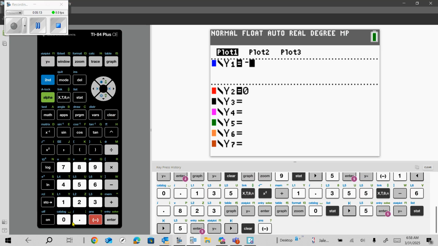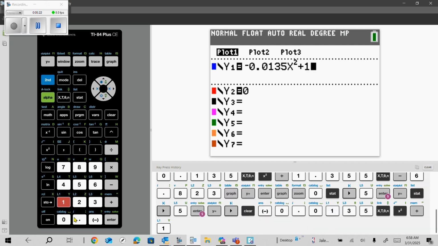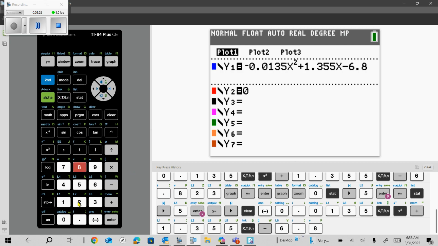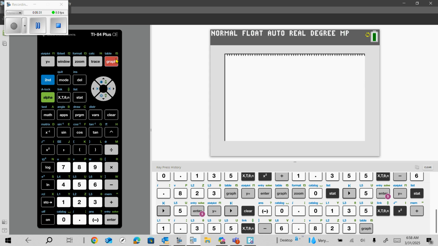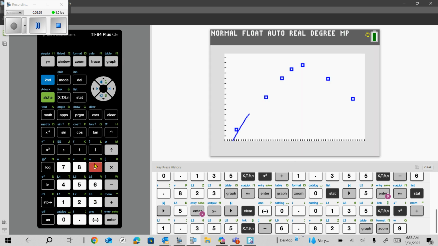I forgot the 0, sorry. Plus 1.355x minus 6.823. Let's graph it. Back to 9, sorry. There it goes. Okay, so here we go.